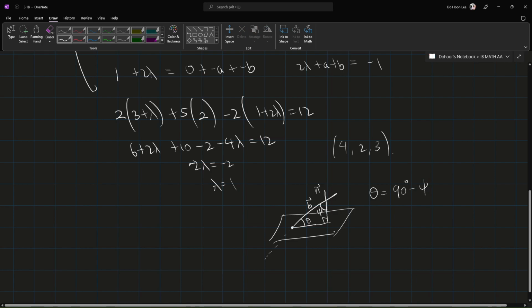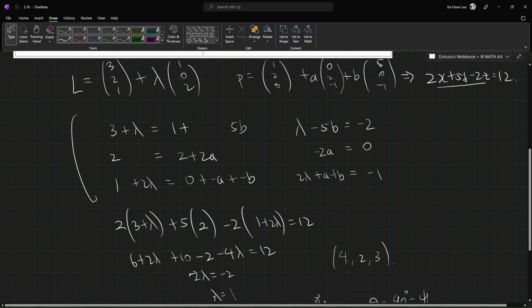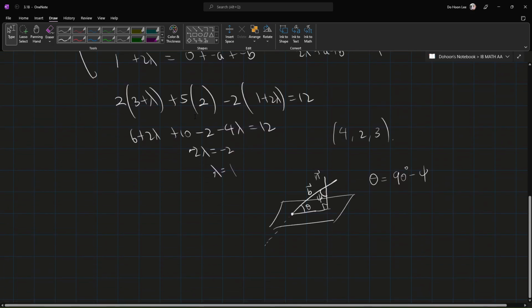So if you do that, from the Cartesian equation of the plane, I know that the normal vector is (2, 5, -2), and the direction vector of the line is (1, 0, 2). If you find the angle between those two vectors using the formula, it turns out that the angle between the direction vector of the line and the normal vector of the plane is 8.96 degrees.